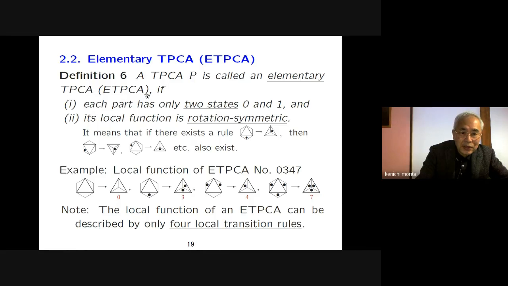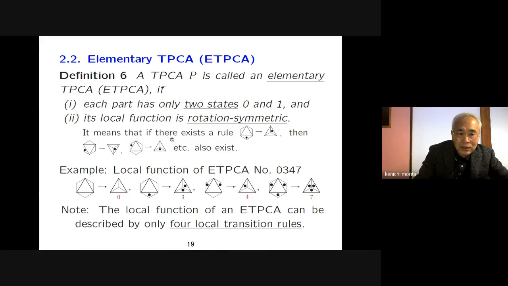ETPCA is defined as a TPCA that satisfies the following two conditions. The first one is each part has only two states, 0 and 1. Therefore, each cell has 8 states in total. And second, its local function is rotation symmetric.